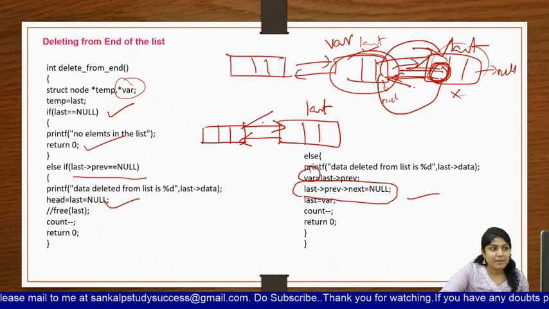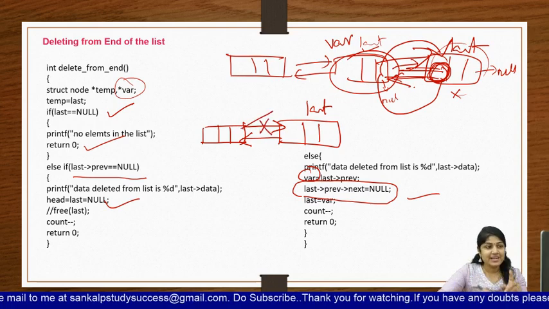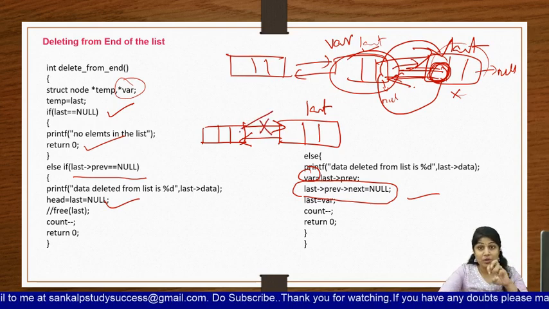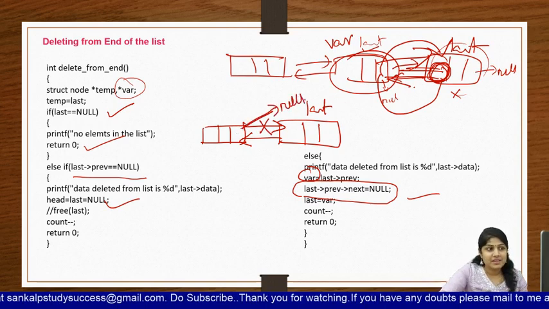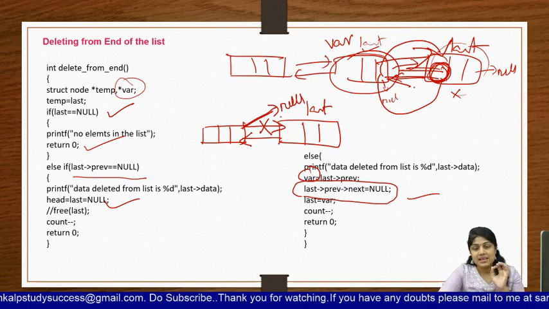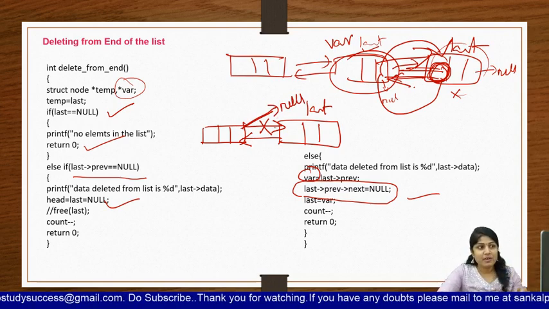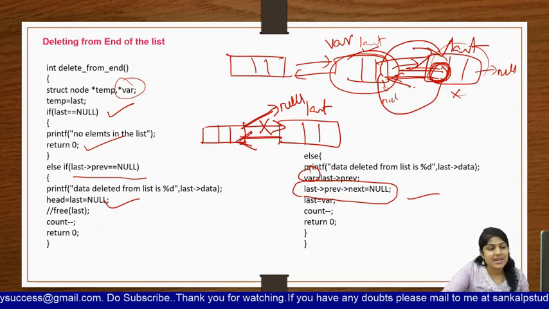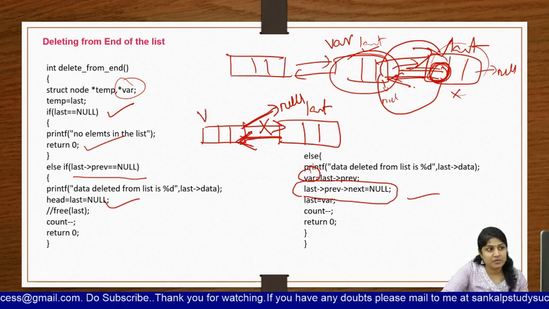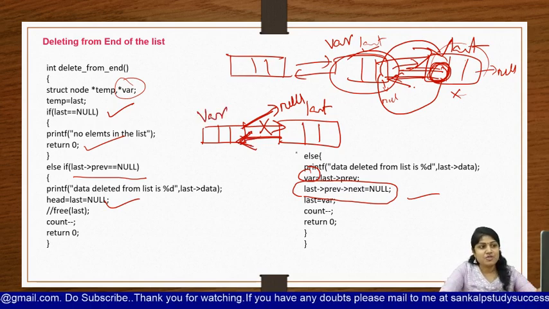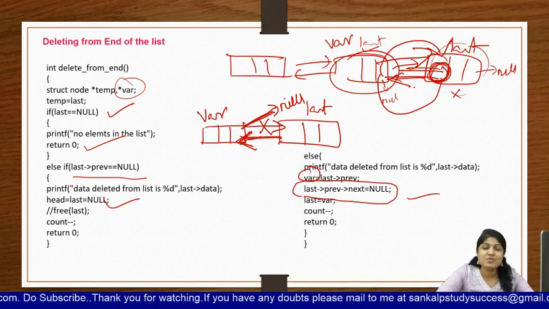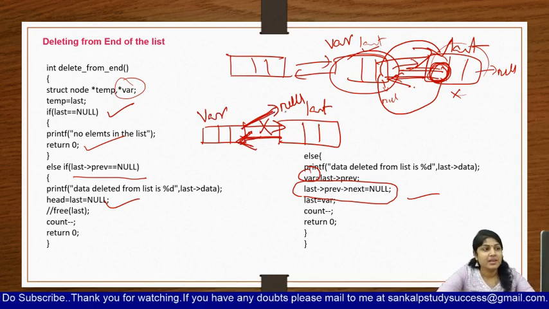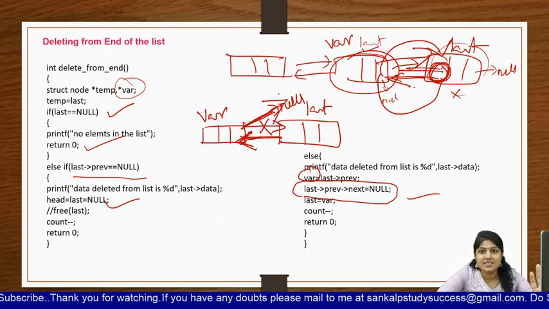That means I just delete this, I want to break this arrow mark, assigning this to null. In the first step I already assigned last to previous as var, and now last to previous to next is null. Fine. Now I have assigned null to this.